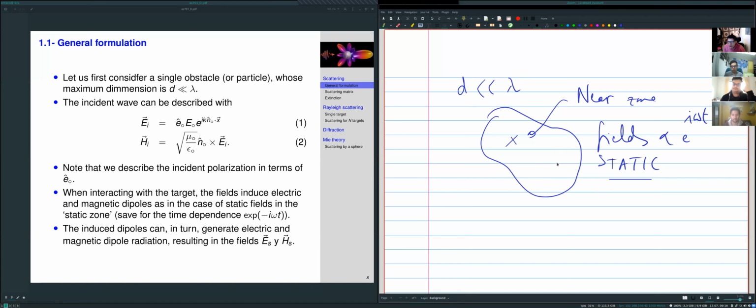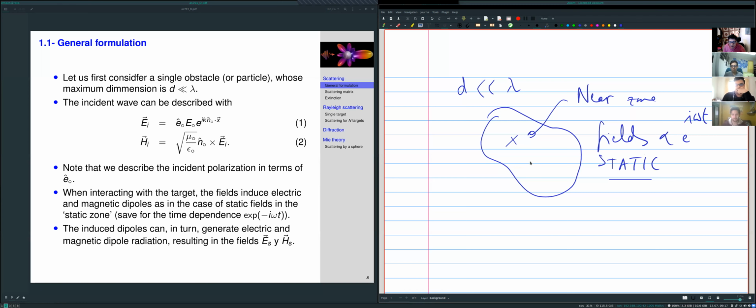And so you can picture here that these fields will correspond to internal dipoles, magnetic and electric. And these dipoles will themselves induce radiation, right? We saw that last time, that when we had the electric dipoles or magnetic dipoles, we could generate electric dipole radiation or magnetic dipole radiation.